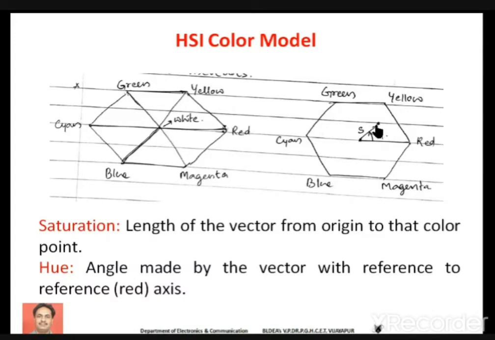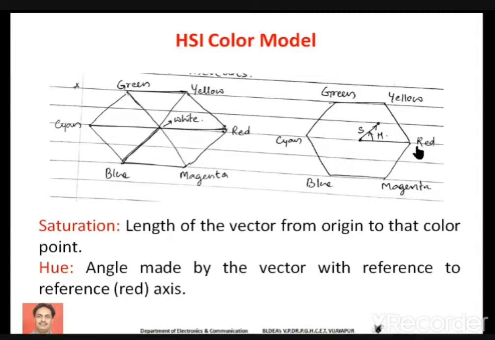Assume that at this point you want to measure the saturation. What you have to do is just draw the vector from origin to this point, right? The length of the vector gives the amount of saturation. And similarly, the hue is the angle made by this vector with reference to the red axis.